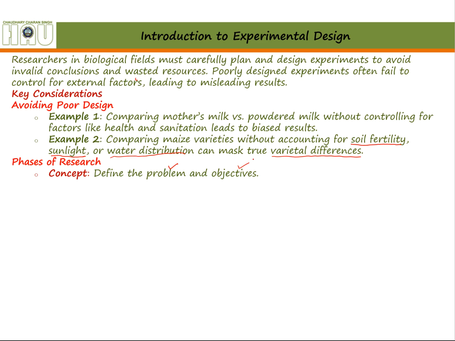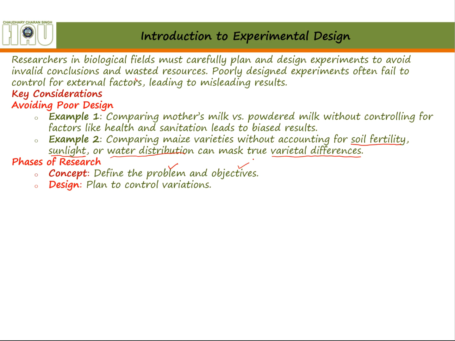This should be very clear in your mind. Second is the design: how you are going to control variations in the field or in the lab. You should have a proper plan for controlling the variation in the design which you are using.